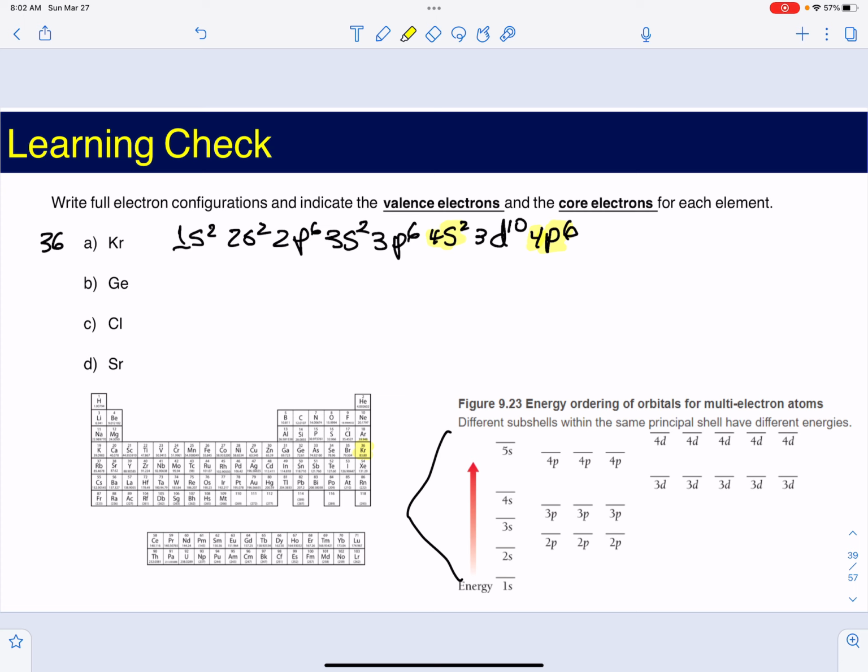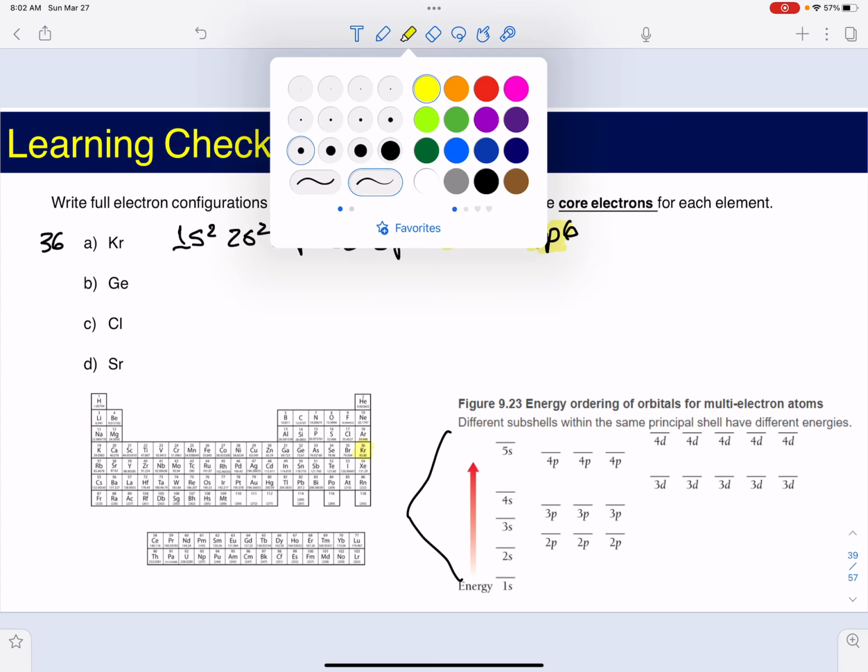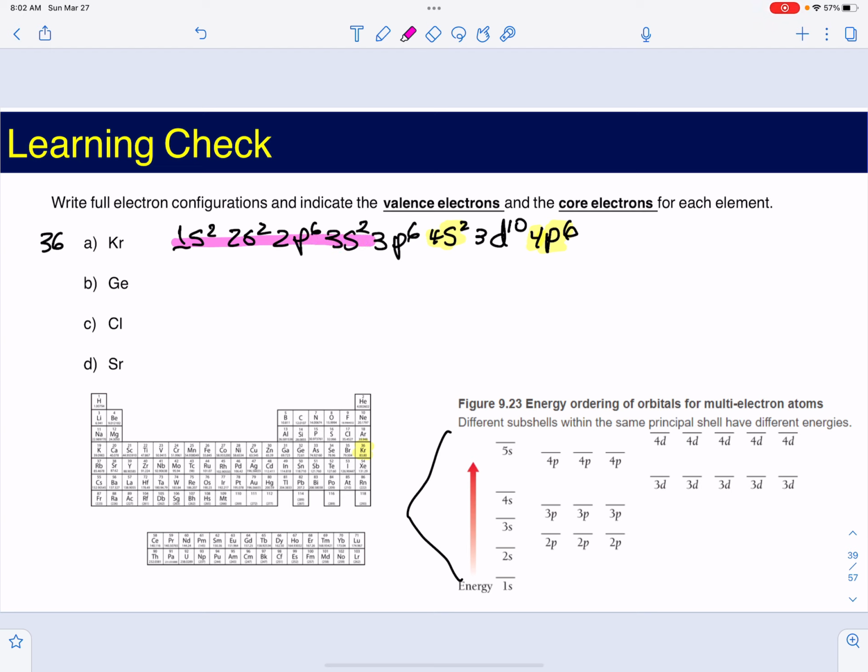Everything else, which is all this in here and there, for a total of 10, 18, 28 electrons. So 28 electrons are going to be my core electrons, and 2 plus 6, which equals 8, those are going to be my valence electrons.